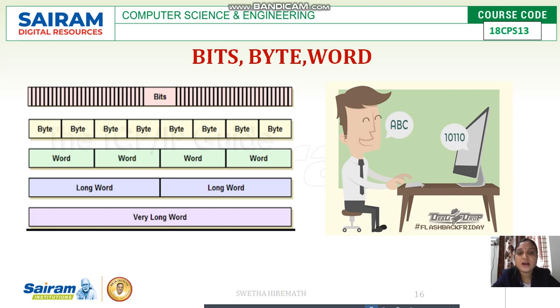And the next higher unit is the word. A word can consist of 2 bytes, 4 bytes, 8 bytes, and so on. Depending on the storage capacity of a computer system, we can classify them into different storage units. So the first basic unit is bits, then byte, then word, then long word, and very long word. So this is about the storage.